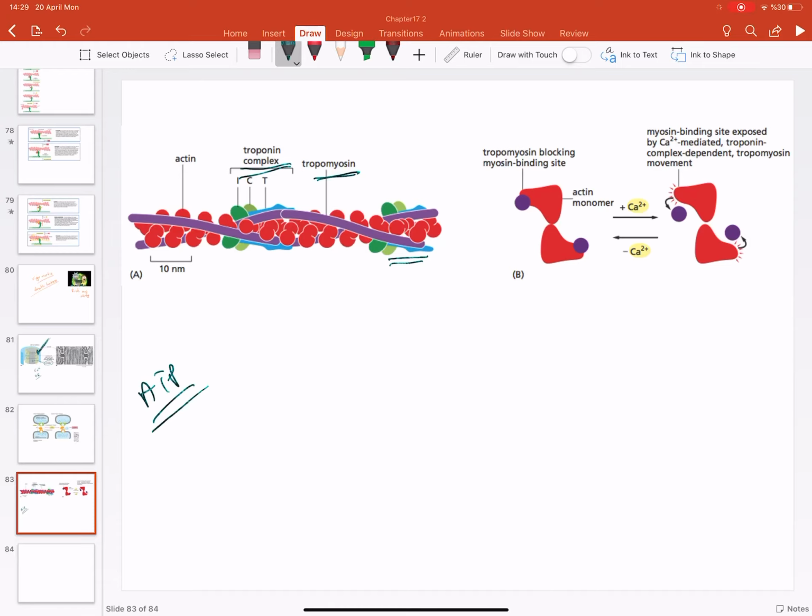So even if myosin 2 is here, it cannot interact with it, even if it has energy. So first, you have to set the actin free, and it happens with the help of calcium. When calcium comes, the tropomyosin blocking the myosin binding site shifts, and when it shifts, these proteins shift all together. It's going to make the surface available.